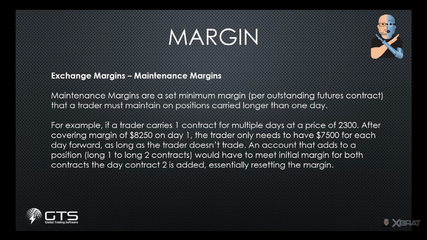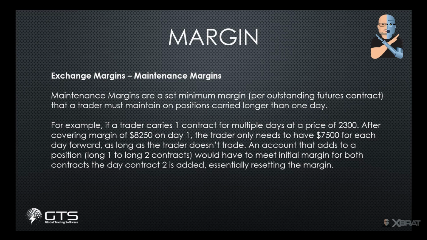Another type of margin: exchange margins or maintenance margins. They're a minimum margin per outstanding futures contract that a trader must maintain on positions carried longer than one day. So if you've carried it over one day and then you want to carry it over again, so you're almost swing trading this futures contract, it's slightly less, but you need to have that margin available.